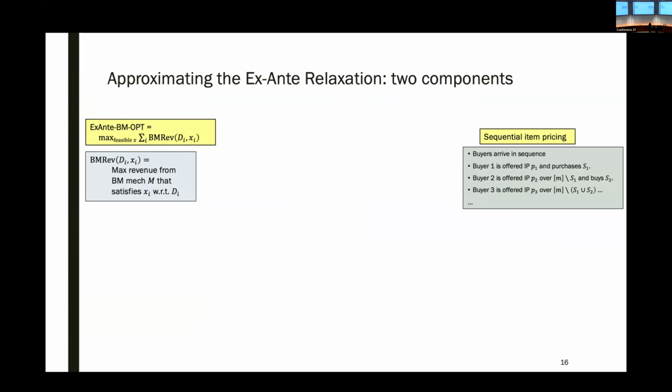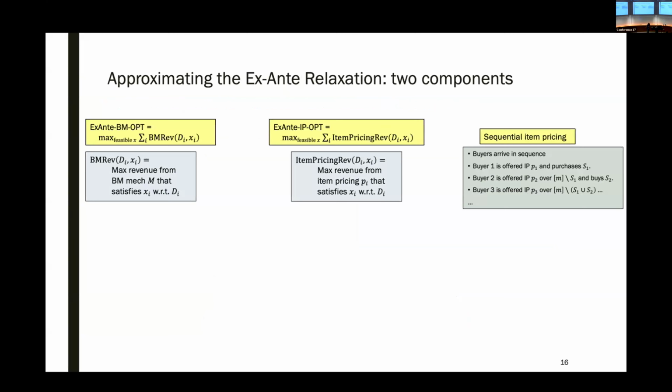Okay. And so our main result will be to argue that this ex ante buy-many relaxation is approximable via sequential item pricings. And in order to do this, we're going to use an intermediate quantity that we'll call the ex ante item pricing optimum.